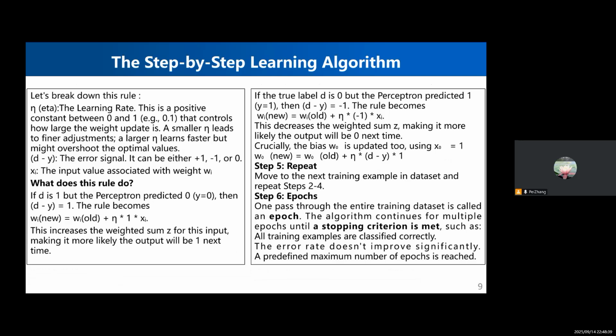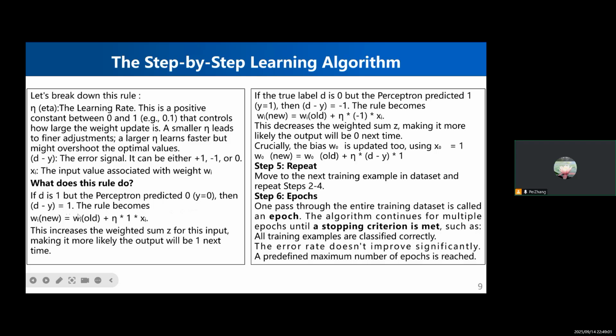The perceptron learning rule is that if D is equal to 1, but the perceptron's predicted value is equal to 0, then the error D minus Y is equal to 1.